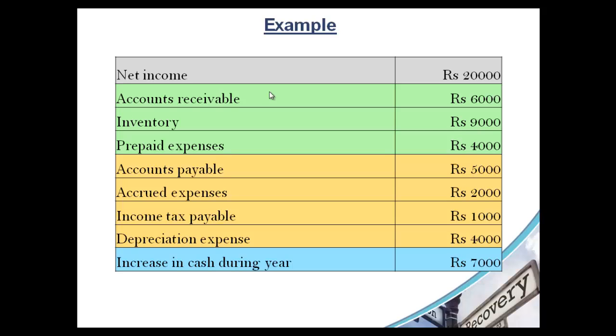These are the accounts payable, accrued expenses, income tax payable, depreciation expense. All this together amounts to rupees 12,000. And so, in order to find the increase in cash during a year, we deduct the various uses of cash from the various sources of cash. So we have the increase in cash or cash flow as rupees 7,000.